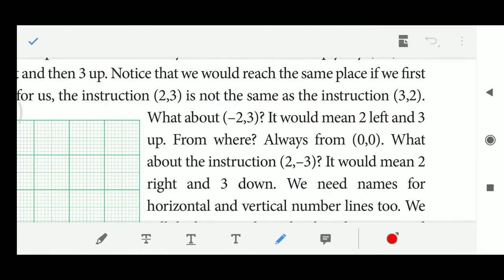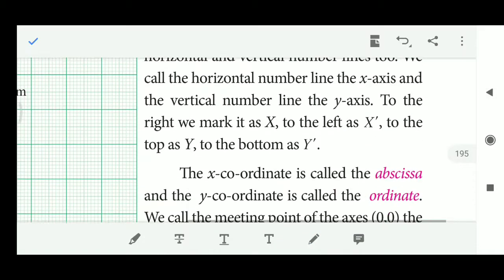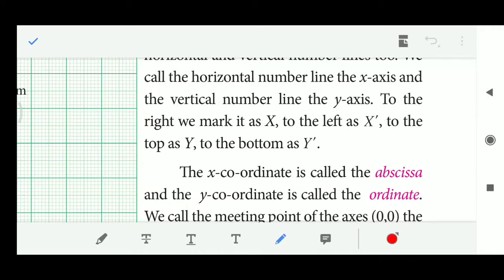If a coordinate is given, it should be in the form of numbers inside the bracket. The first number denotes the x-axis and the second number denotes the y-axis. The x coordinate is called the abscissa and the y coordinate is called the ordinate.